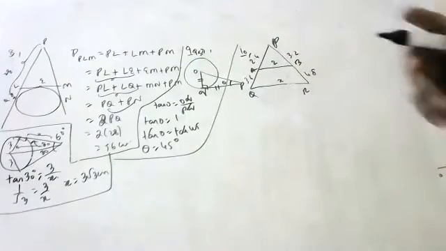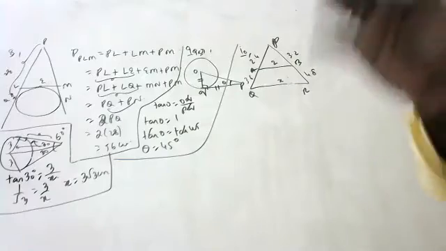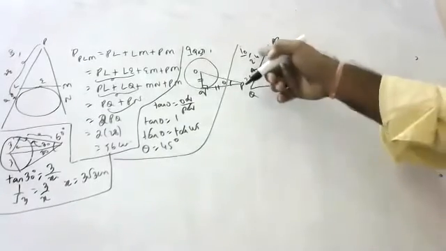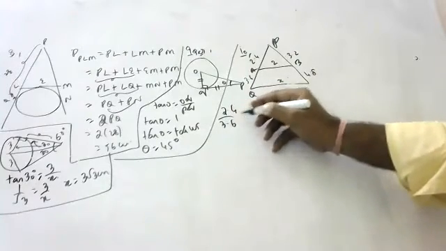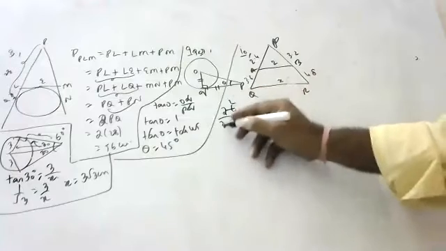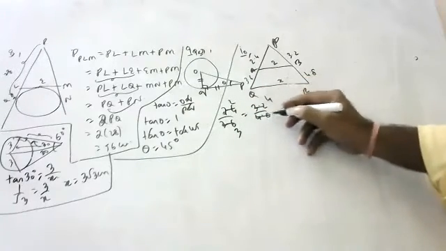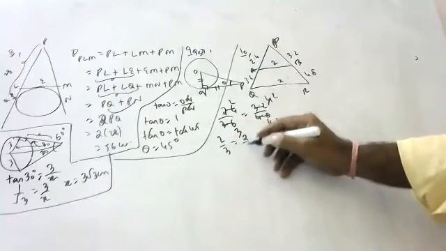This is X. In the given figure, the value of X is what? So children, 2.4 by 3.6 is equal to 3.2 by 4.8. Let's check. 2.4 by 3.6 is 2 by 3, and 3.2 by 4.8 is also 2 by 3.